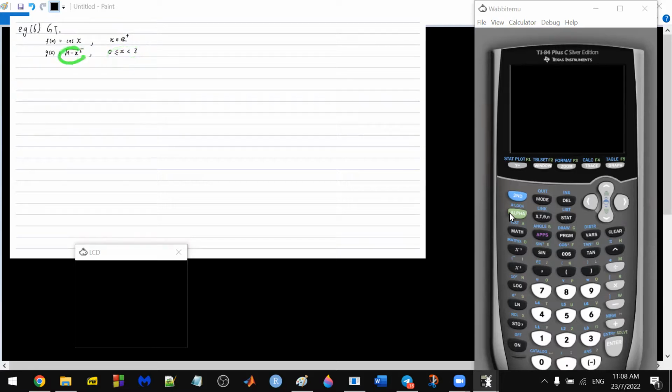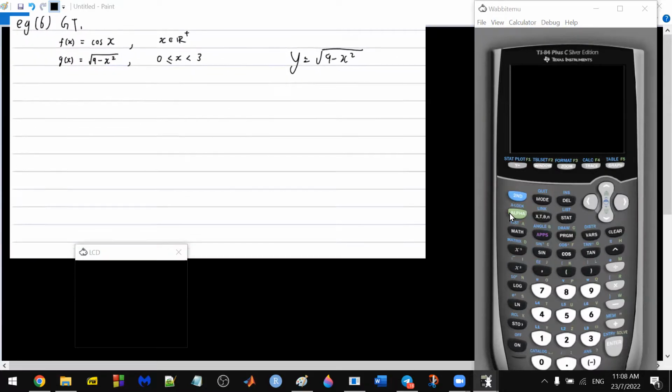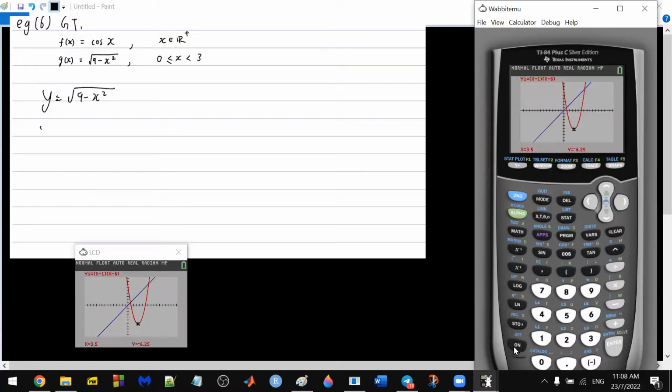Can you tell me what's so special about this graph? If you let y equal this square root of 9 minus x squared, what is this really equal to? Very confusing, got a square. How about if I square both sides? I would get y squared equals 9 minus x squared. Oh, then it's 3 minus x.